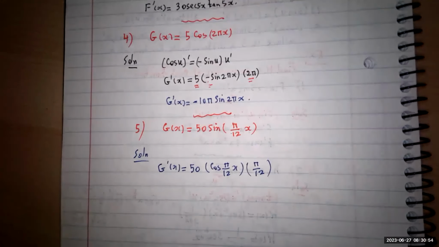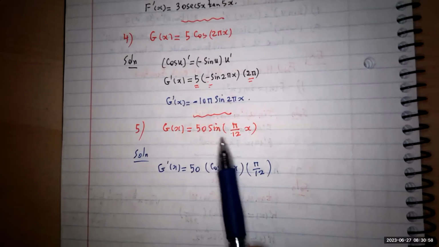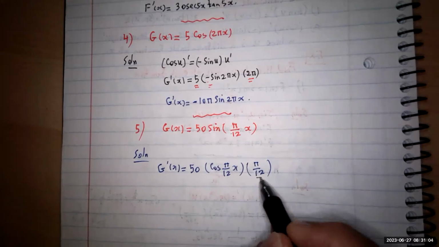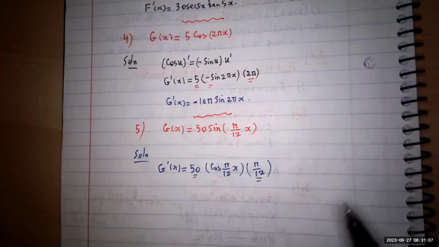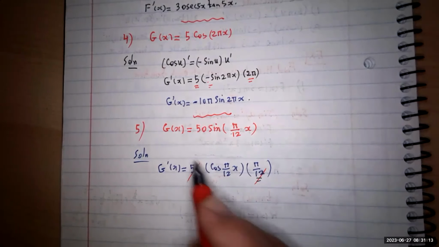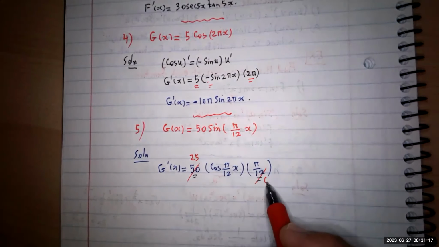Okay, so it's a composition of two functions. The outside function is sine, the inside function is pi 12x. Now you have to take care of these monomials. You have pi 12 here and the 50. You can put them together or you can simplify first. You can simplify by 2, for example, so that gives you 25 and that gives you 6.